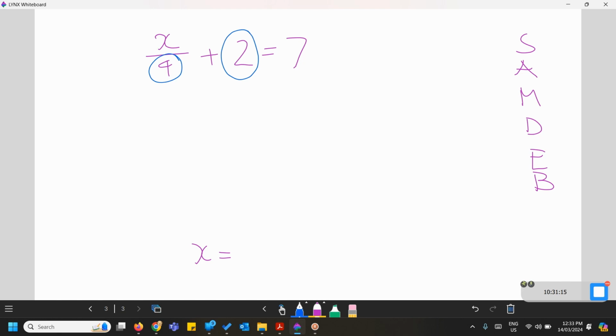Do we all agree that if we use this method, the addition needs to be eliminated before the division? Yes. Excellent. So we've got to get rid of this positive 2, the opposite of plus 2, minus 2. What we do to one side of the equals, we must also do to the other side.